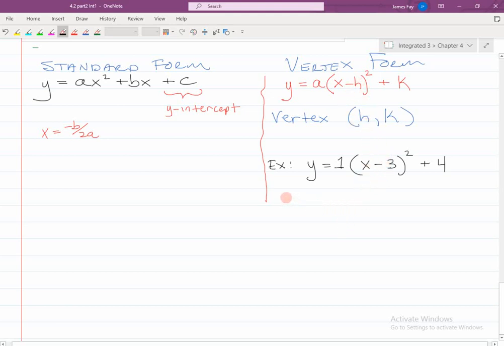Our vertex for this particular quadratic equation is going to be located at h comma k, but right here it's saying negative h. So if this is negative h and that was h, then to go from negative h to h, we actually have to take the opposite of it, right? Does that make sense? So this is negative 3, so the x value is going to be positive 3.